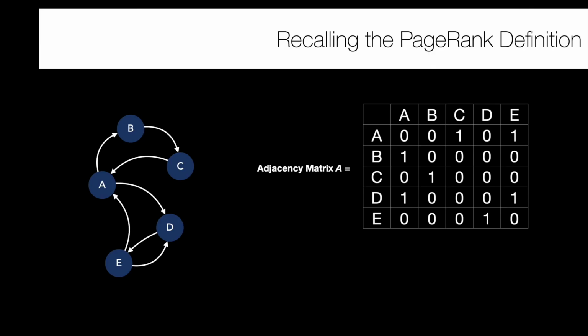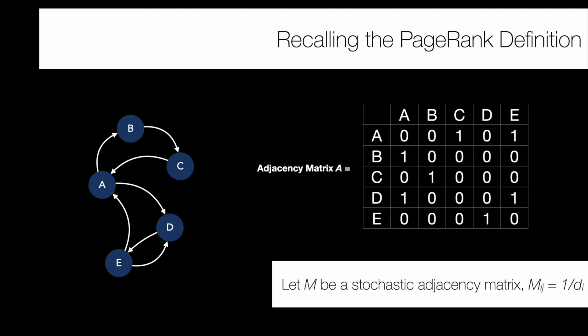So if we recall the PageRank definition, remember we have some adjacency matrix A. We can slightly modify this into a stochastic adjacency matrix by dividing each column by the degree of the node associated with that column. So we get this transition matrix M. Remember that the columns must all sum to 1 because that gives us this stochastic characteristic.